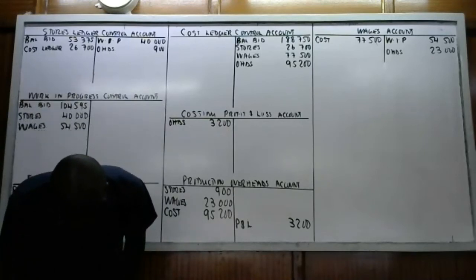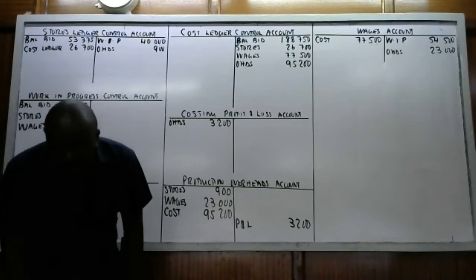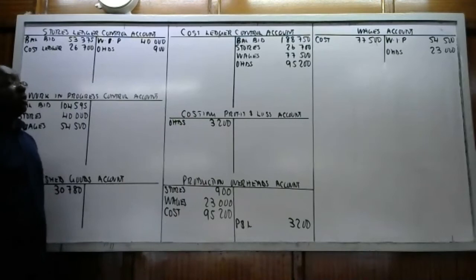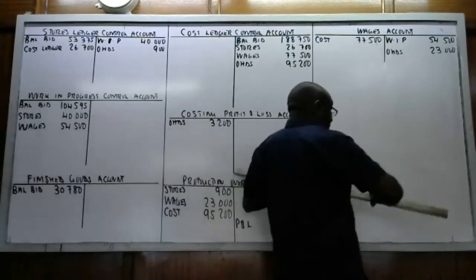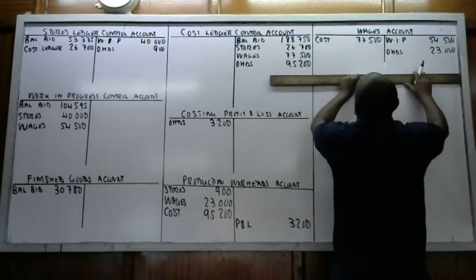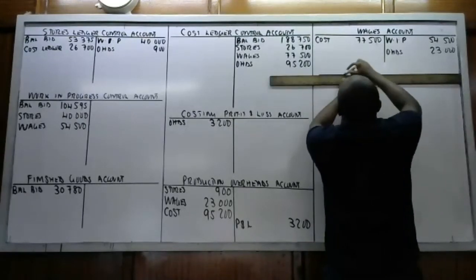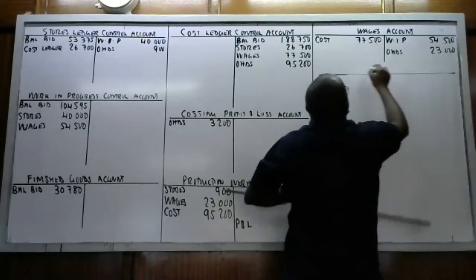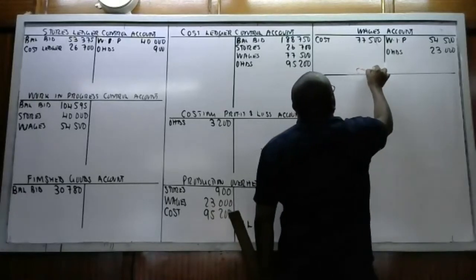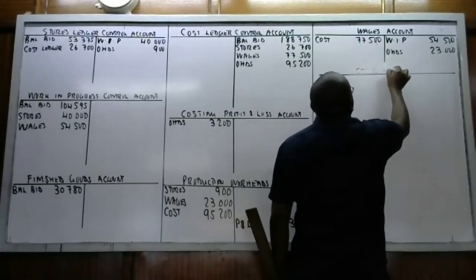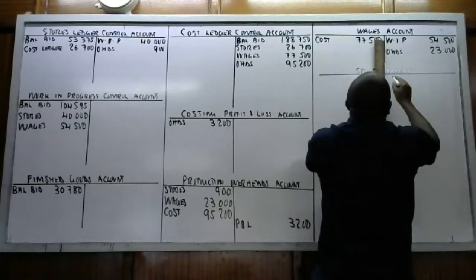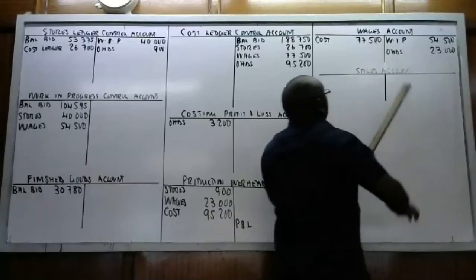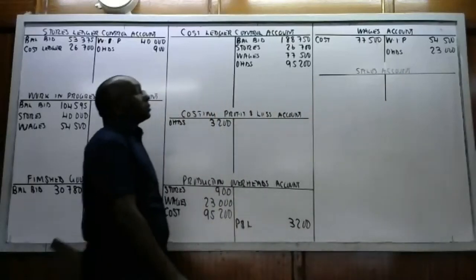Now sales. When you make sales, first of all, we need to open a sales account, a small one, not more than 3 lines.